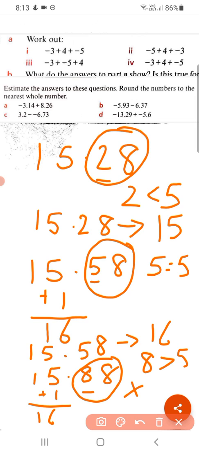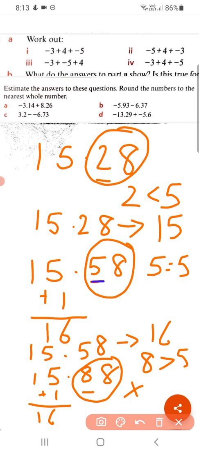So if the digit in the 10th place is 5 or more than 5, add 1 to the digit in the ones place. Ones place. Okay. Add 1 to the digit in the ones place and remove the decimal part. So here the digit is 5.